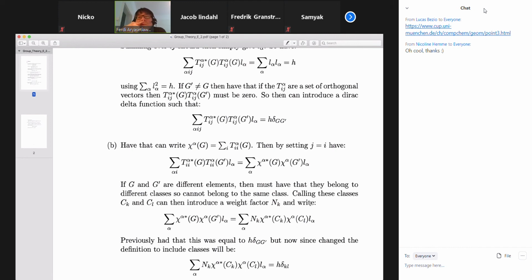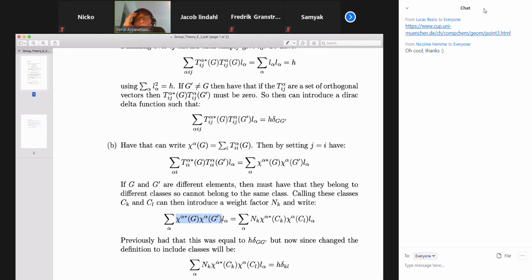So how do you go from this equation, the left-hand side, to that one? You rewrite this one using the weighting factor in terms of class. But the G and G prime can be anything, right? They are arbitrary.